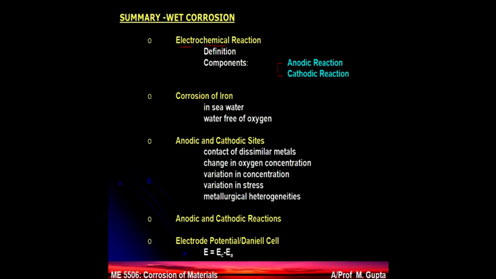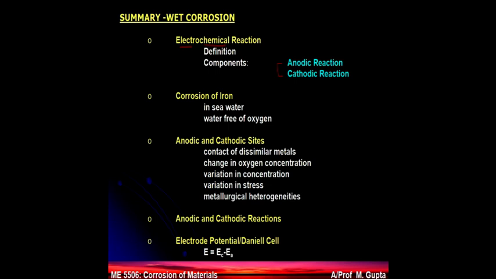So it's very important: if the cathodic reaction stops, the anodic reaction stops; if the anodic reaction is stopped, then the cathodic reaction automatically stops. So both of them are interdependent on each other. This was explained with the example of corrosion of iron, all in the first slide of wet corrosion.